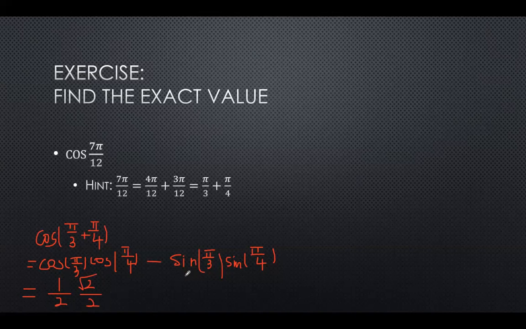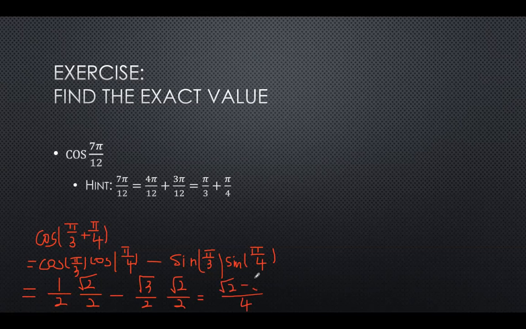Minus sine of pi over 3, which is radical 3 over 2, and sine of pi over 4 is square root of 2 over 2. And you can simplify this as one fourth of square root of 2 minus square root of 6.